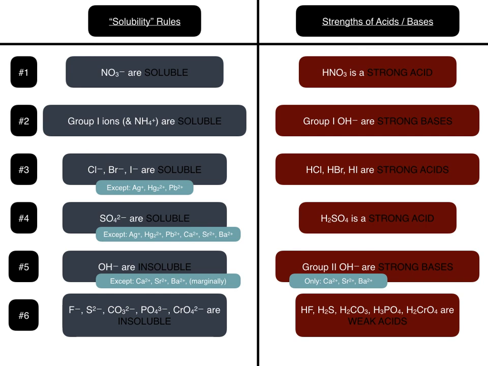With noted exceptions, chlorides, bromides, and iodides are always soluble, and hydrochloric acid, hydrobromic acid, and hydroiodic acid will always strongly dissociate, being strong acids. With noted exceptions, sulfates are always soluble, and sulfuric acid will always strongly dissociate. These first four rules are most important to commit to memory.